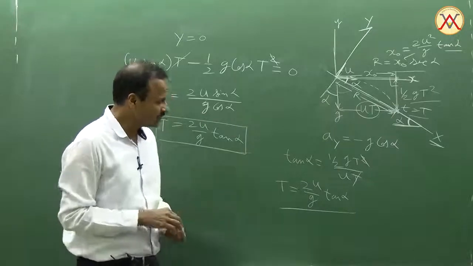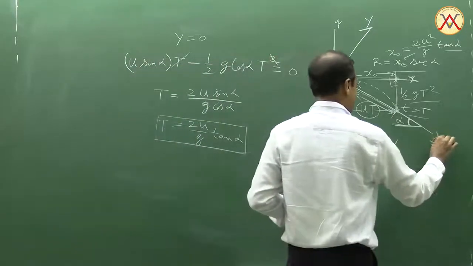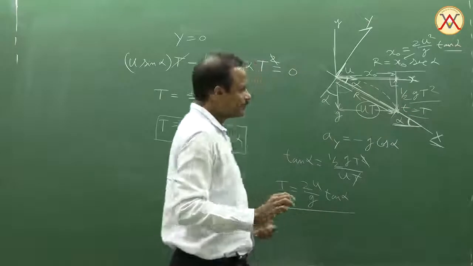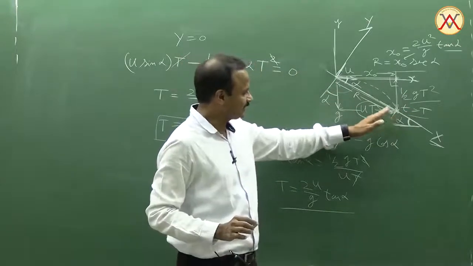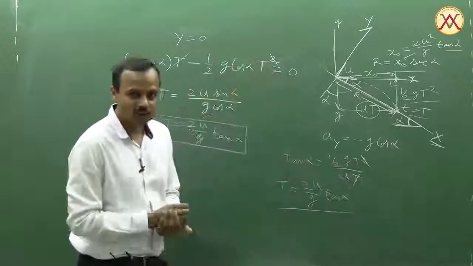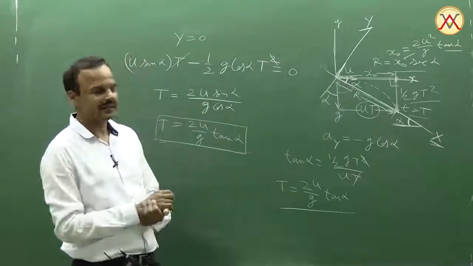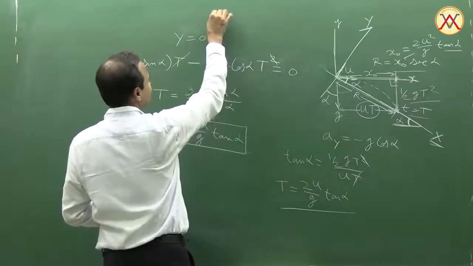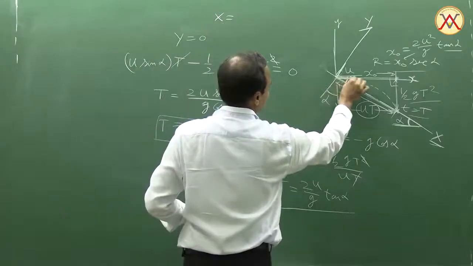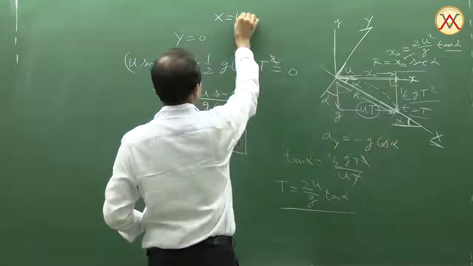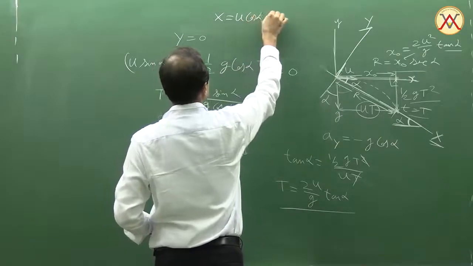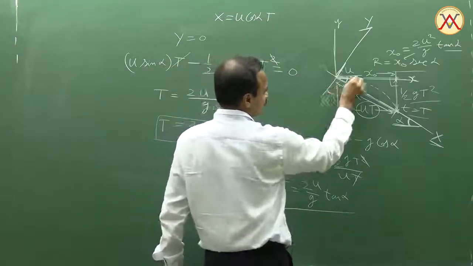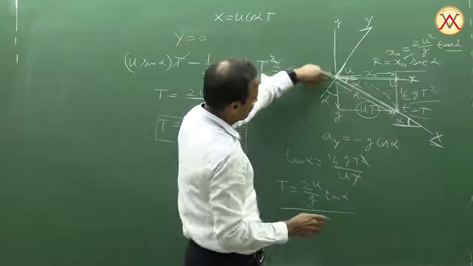And if I have to use the new coordinate system, I will find the value of capital X at this point. So what is the value of capital X at this point? I will have to write the expression for the x coordinate using again the second equation of motion, ut plus half at square. The x coordinate here can be written as the x component of velocity in this direction, u cos alpha, so u cos alpha t, and the x component of acceleration, if you are throwing the projectile down the incline, is positive, isn't it?